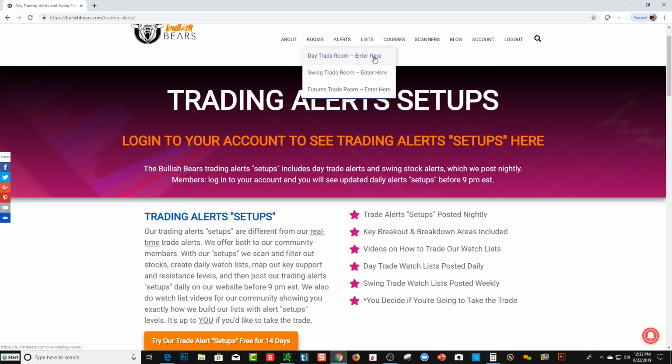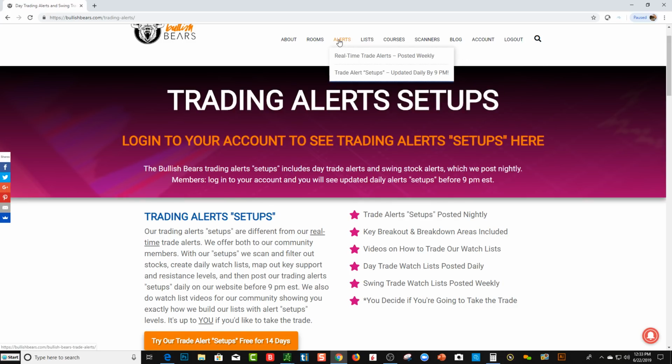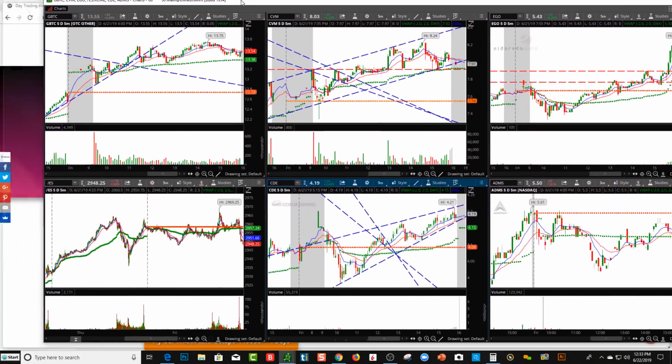And again, I would also encourage you to look at the trade ideas gappers. We post the low floaters in here. So if you want to practice trading them, take the top couple. You'll see we go over them in the morning when we do our live streams each day. You can take the couple of low floaters that we post trade ideas for, take our watch list, and throw them into that chart setup like I showed you here in Thinkorswim.